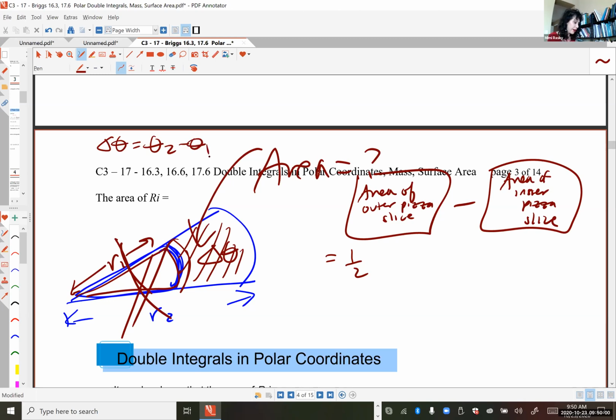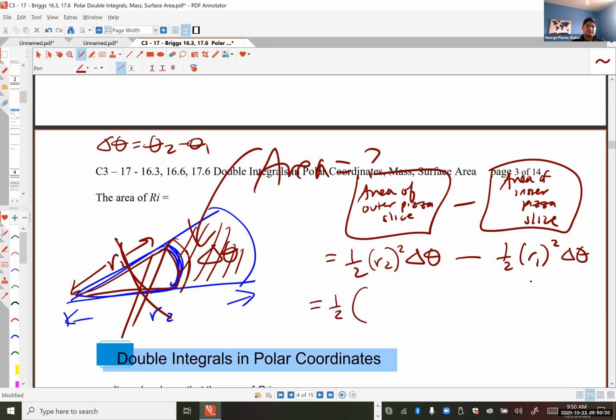The outer pizza slice has one half the radius r2 squared times delta theta, minus the inner pizza slice, one half the smaller radius r1 squared times delta theta. Do you see a common factor here? You mind if I pull the common factor out? One half and we've got the delta theta. And inside I have r2 squared minus r1 squared.